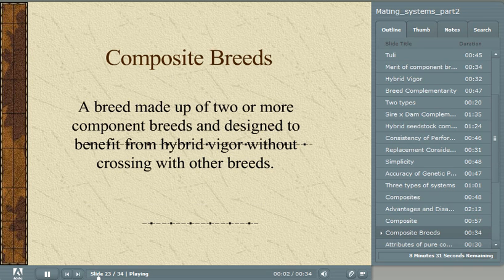And the point of this slide is that composite breeds are designed to benefit from hybrid vigor without having to bring new breeds into the crossbreeding system or source animals that are purebreds from a traditional sense. By definition, if you're not having to source animals from outside of your herd and of different breeds, it makes the composite system a lot more simple to implement.